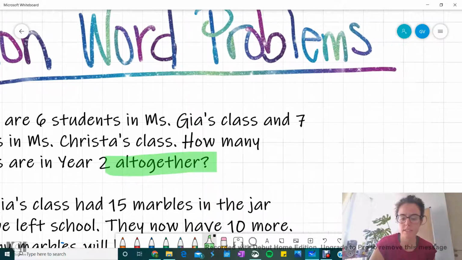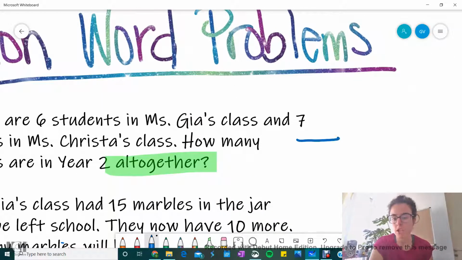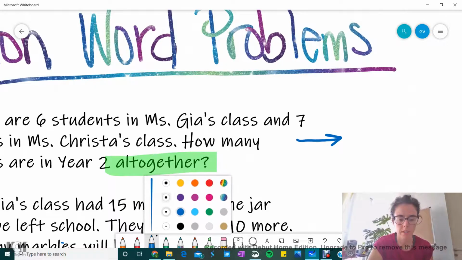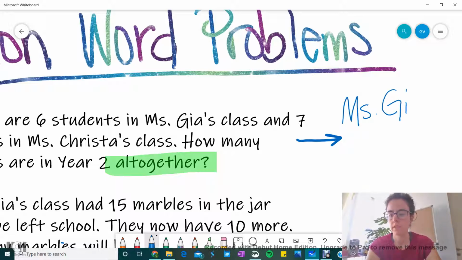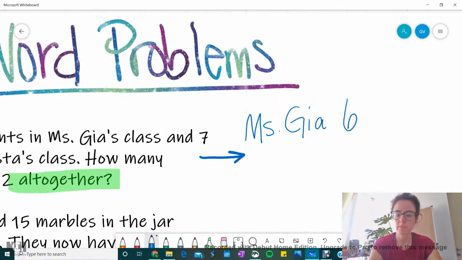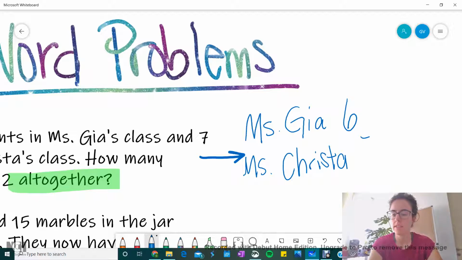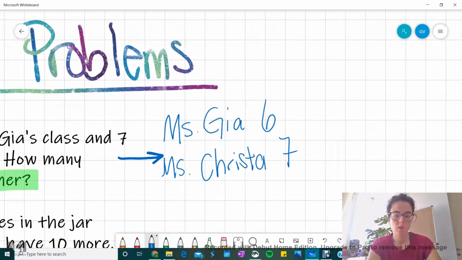Okay, let's see. The information from this word problem is Miss Gia has 6 students. And Miss Krista has 7 students.